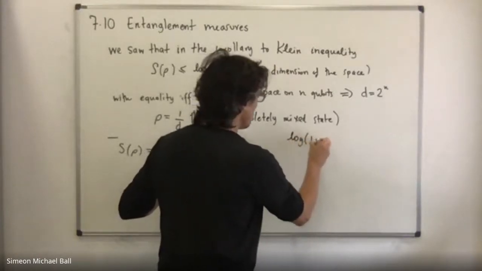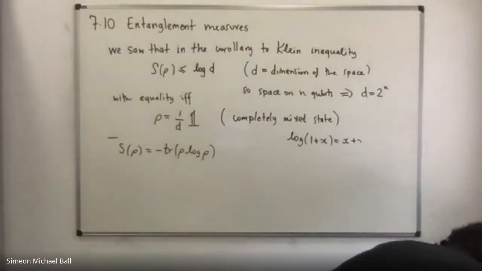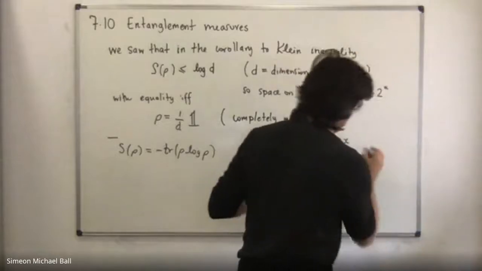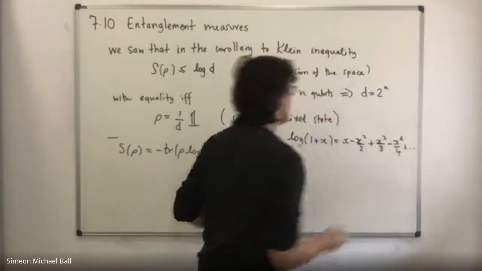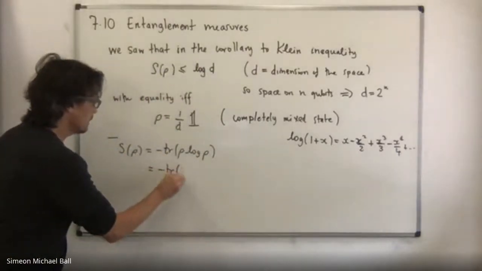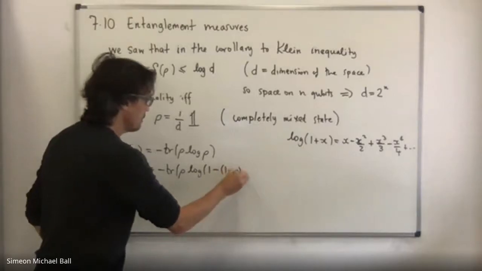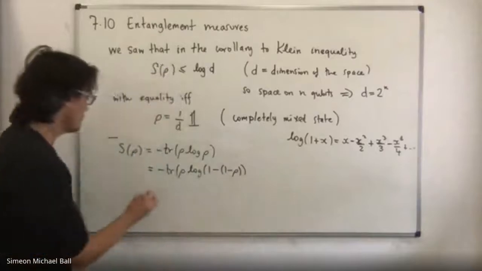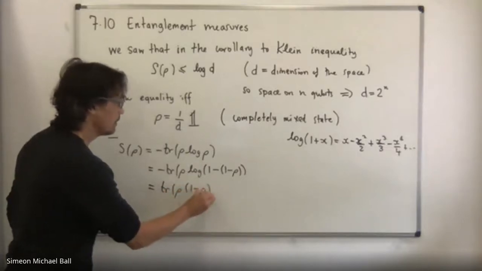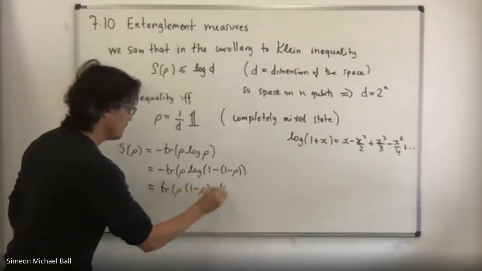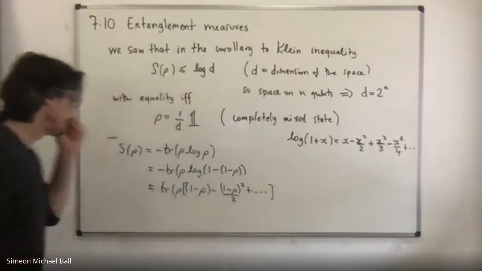So log of 1 plus x is x minus x squared over 2 plus x cubed over 3 minus x to the 4 over 4, etc. If we try sticking that in there, this will be log of 1 minus (1 minus rho), which gives us a minus out the front, and then we get 1 minus rho minus 1 minus rho squared divided by 2 plus, and so on.